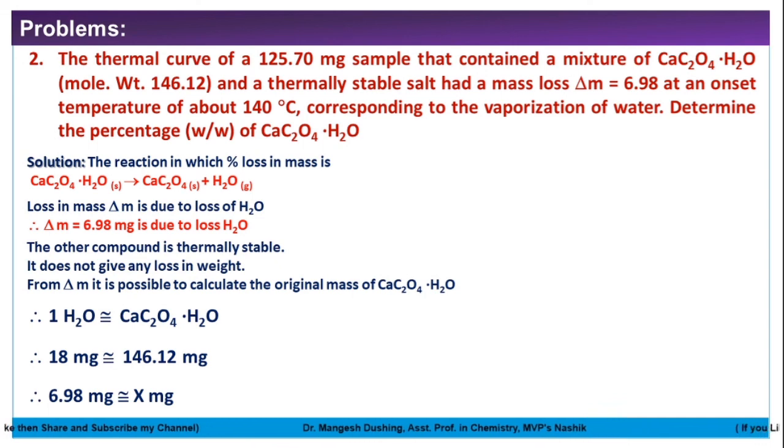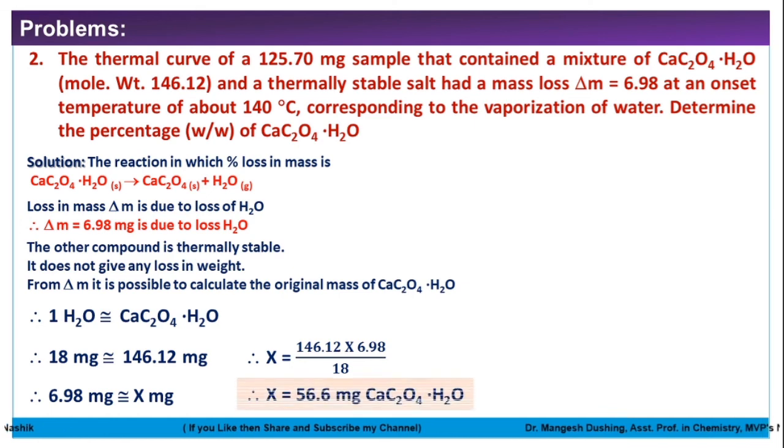So for the loss of 6.98 mg, from x mg, by cross multiplication, x, the weight of the calcium oxalate monohydrate, is equal to 146.12 into 6.98 divided by 18. So x will be 56.6 mg. So this is the weight of calcium oxalate monohydrate which loses 6.98 milligram, that is, 6.98 milligram is lost from 56.6 mg of the calcium oxalate monohydrate sample.